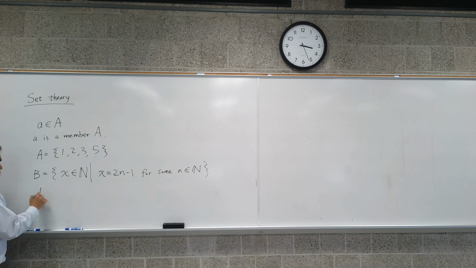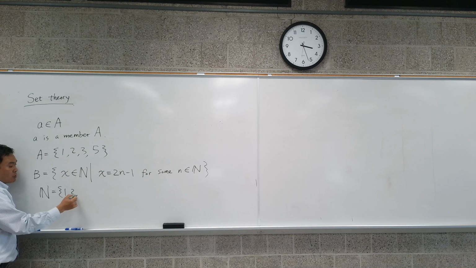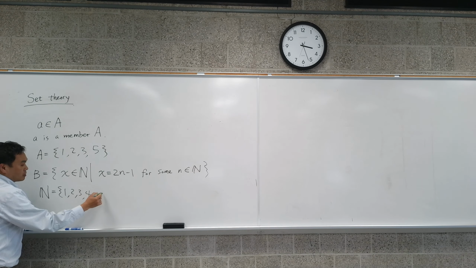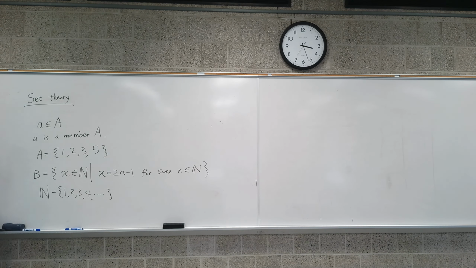Now, do you remember what this meant? What is this symbol? Set of all natural numbers. N is for natural numbers. These are 1, 2, 3, 4, 5. So if this is the set of all natural numbers, what does this set collect?